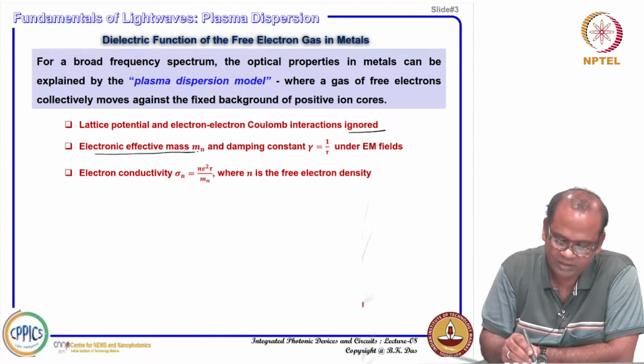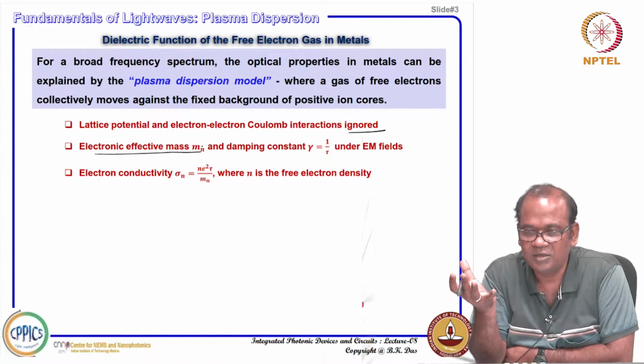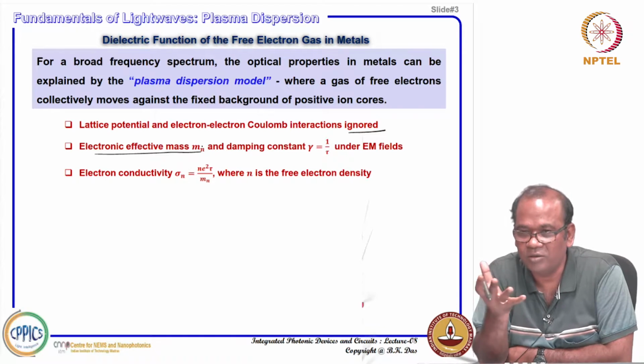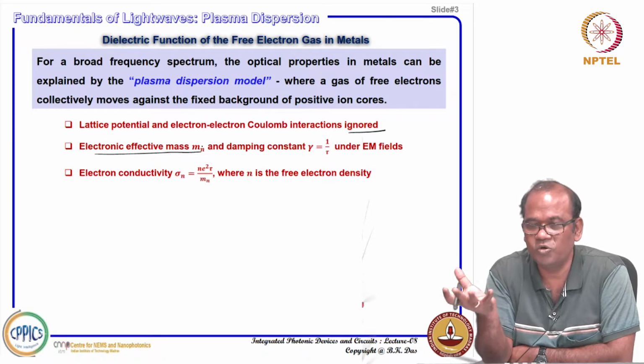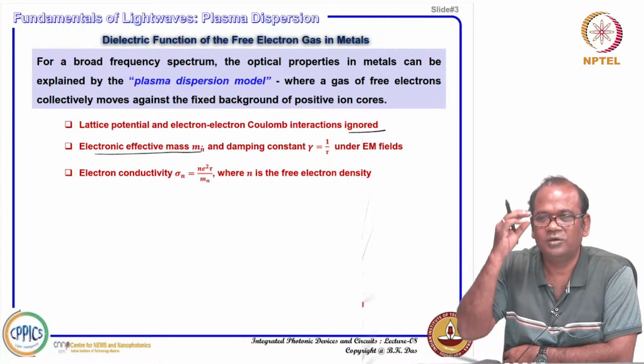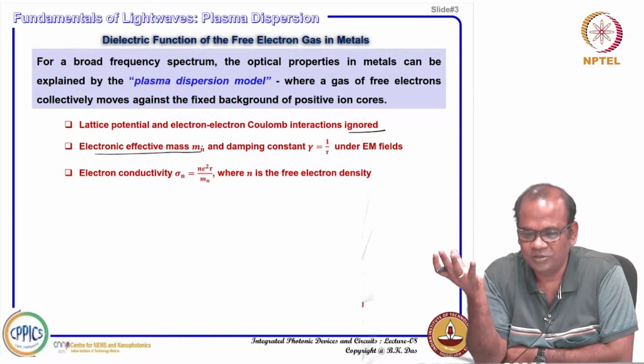Second, the electronic effective mass, to consider these free carriers as never bound to the lattice points. Of course, they are bound, and we need some approximation to consider them as free carriers.